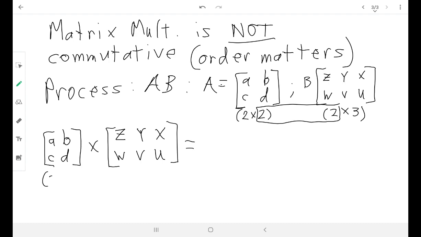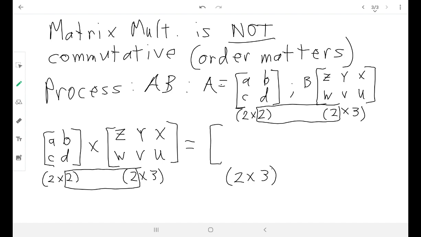We're going to have a 2 by 2 times a 2 by 3, which again is possible because the inner numbers are the same. And our new matrix is going to be the outer numbers. So we're going to get a 2 by 3 matrix out of this. The way we get it is you're going to do row here, column here, and you're going to multiply and add.